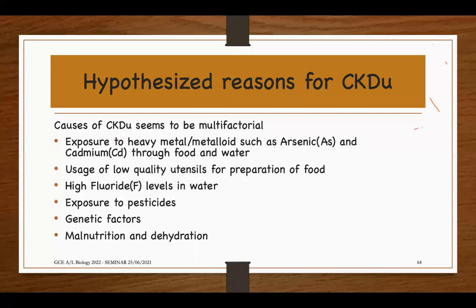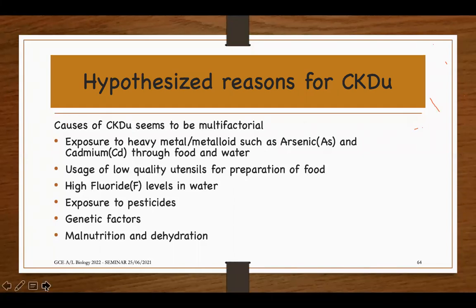It might also be because of genetic factors or things like malnutrition or dehydration. Multifactorial means there can be a lot of reasons. These are hypothesized, which means researchers haven't found exactly what the reason for CKDU is. They are thinking these might be the reasons. So the causes may be based on a lot of factors, and these are the factors they have pointed out: heavy metals or metalloids, low quality utensils, high fluoride levels, exposure to pesticides, genetic factors, and malnutrition or dehydration.